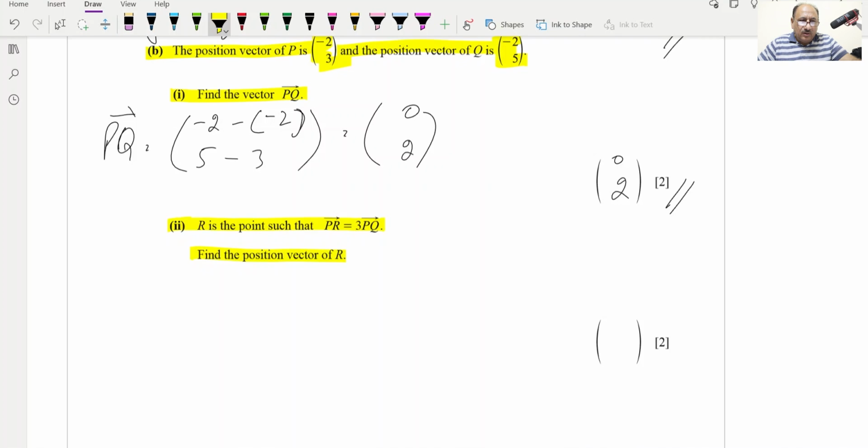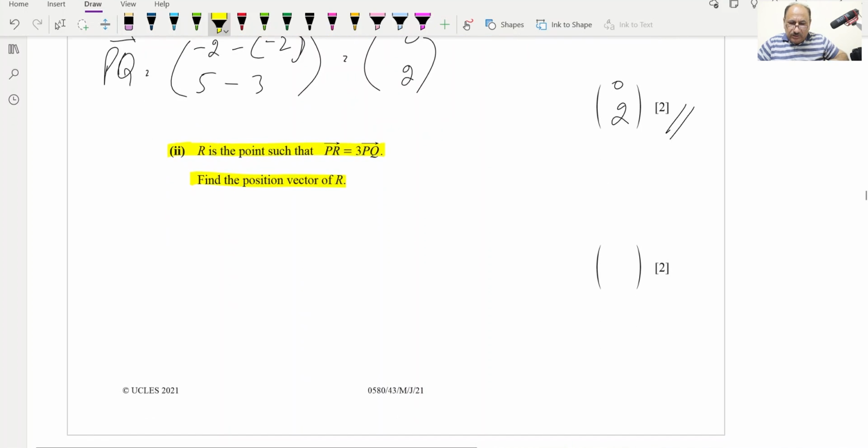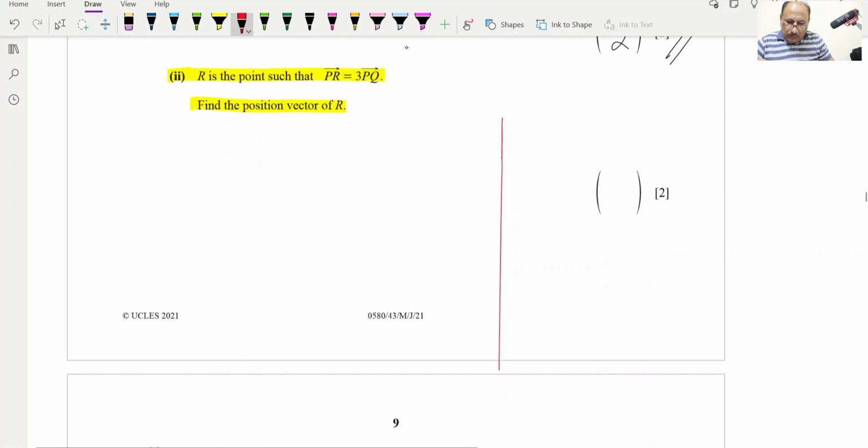So if we draw a small diagram for this one, we can draw coordinate axes, for example this will be the y-axis and the x-axis will be over here.